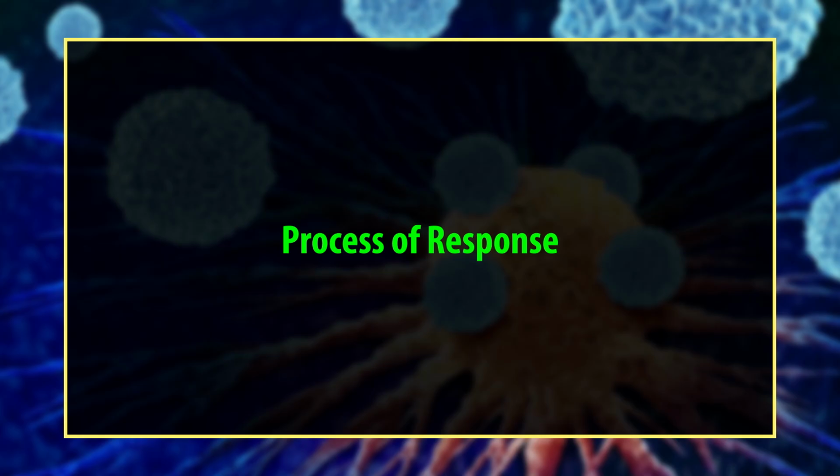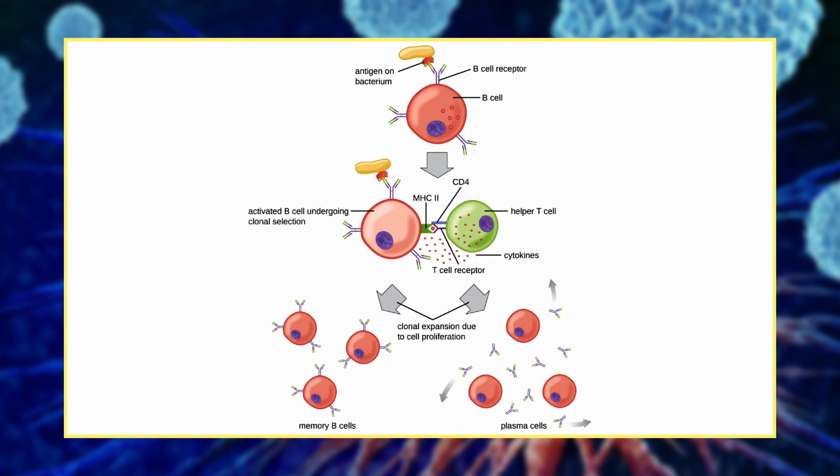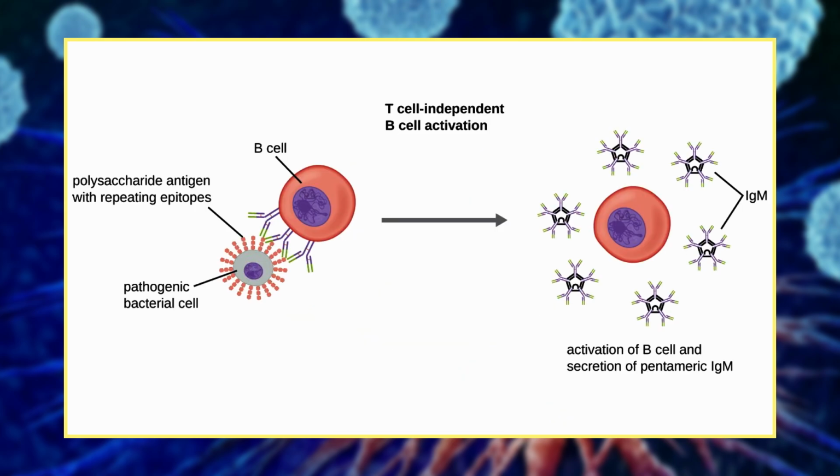The process of response. The humoral immune response begins when a B cell receptor, called the BCR, binds an antigen. In the T-dependent activation, the B cell processes the antigen and presents it via MHC2 to activated CD4 T helper cells, which provide co-stimulation and cytokines, driving the clonal selection and differentiation into plasma and memory B cells.